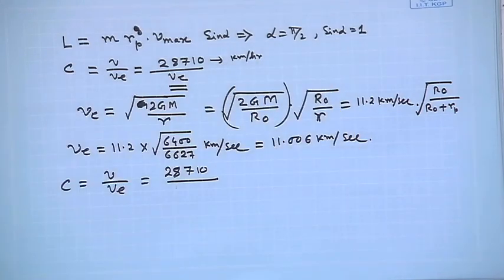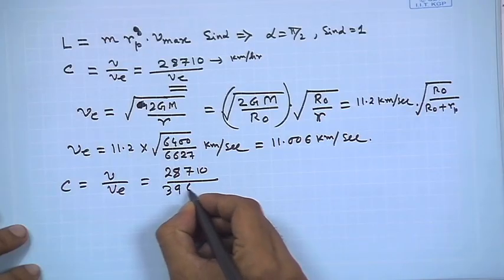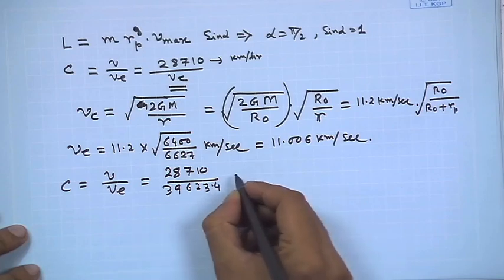So, we just have to multiply this 11 point something by 3600. Okay. So, it is 39,623 approximately 0.4, right.